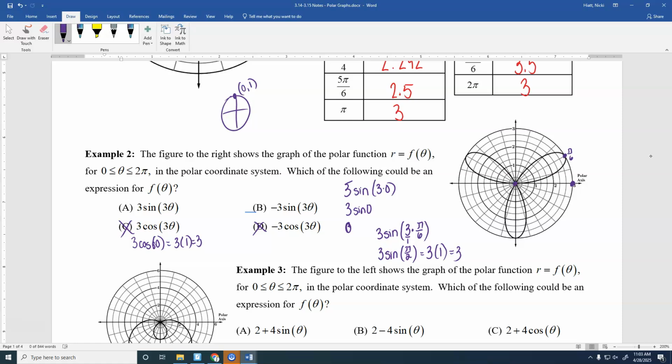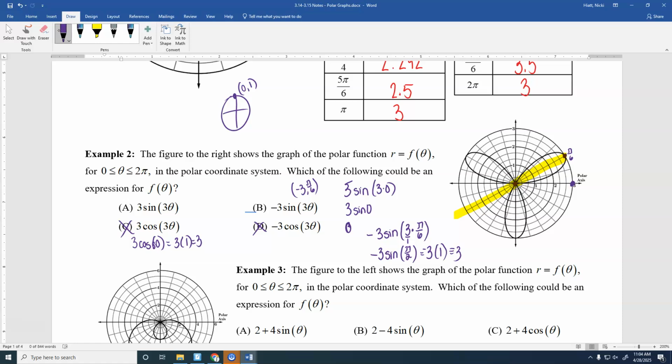If I had a negative 3 right there, that would basically make everything negative. So at pi over 6, negative 3. Now be careful with this because sometimes it is still on the graph. Pi over 6 is right here, but if you have a negative radius, you go away from it.